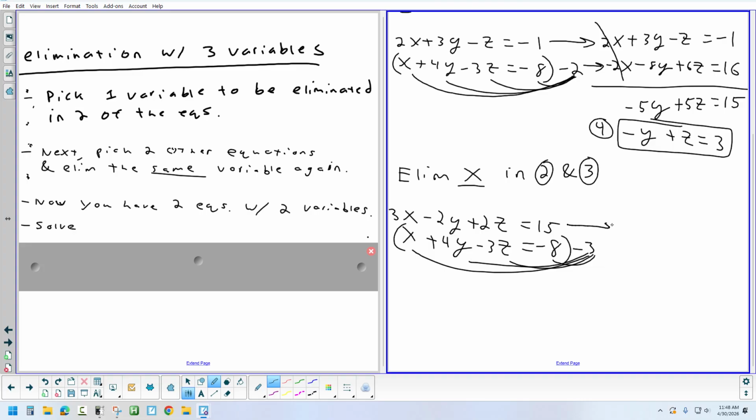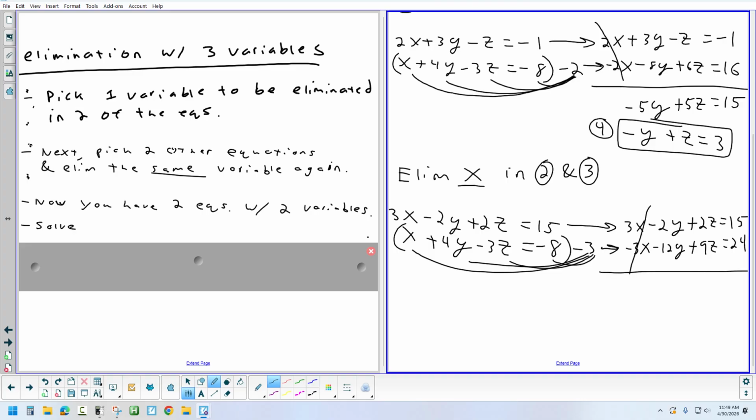Yep. So top equation, 3x minus 2y plus 2z equals 15. And what do we get in the bottom? Yep. Negative 3x, negative 12y, positive 9z equals positive 24.